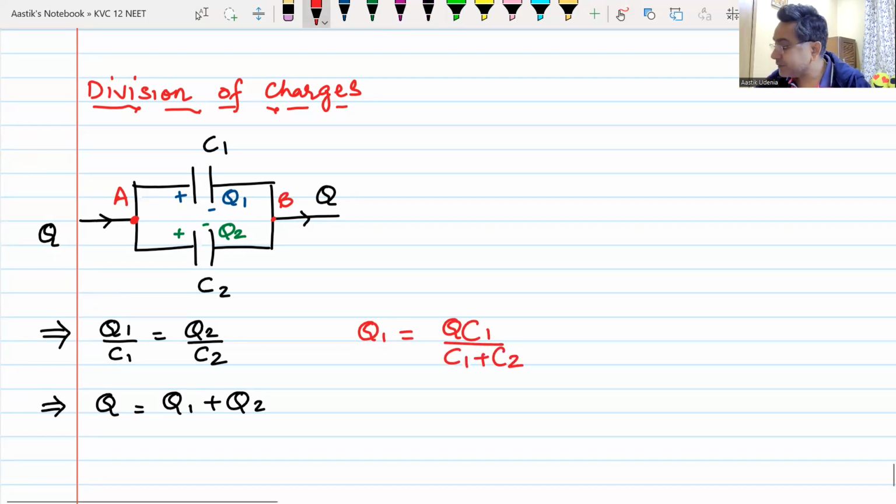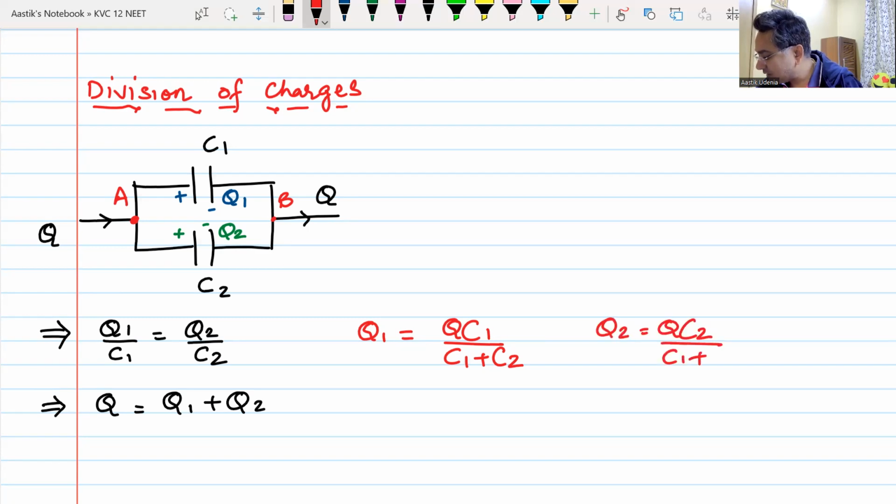I call it charge gets distributed in direct ratio of capacitance. The capacitor which has more capacitance will get more charge. The capacitor which has less capacitance will get less charge. And Q2 will be equal to Q into C2 upon C1 plus C2.